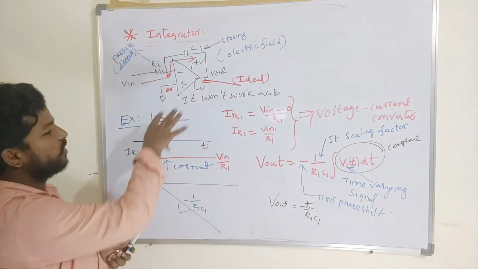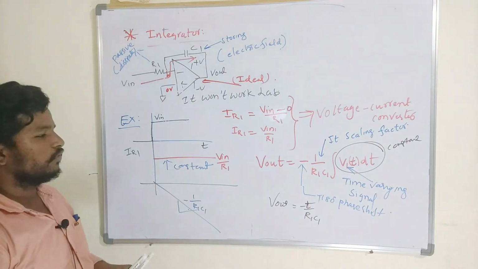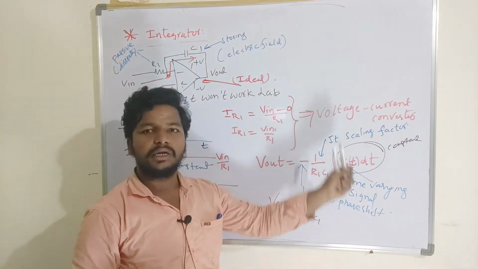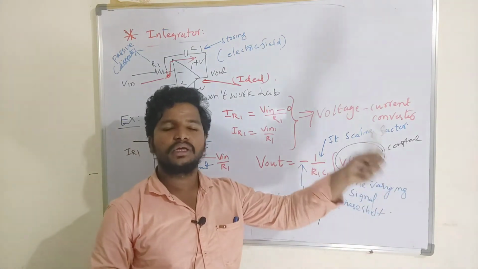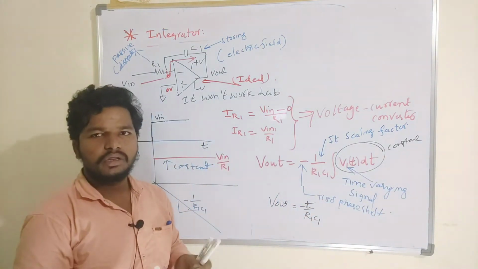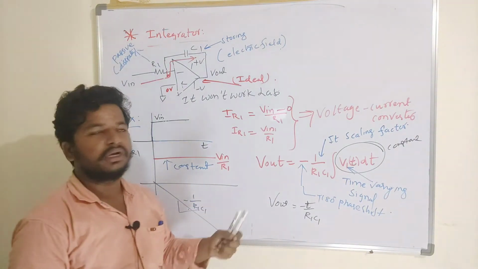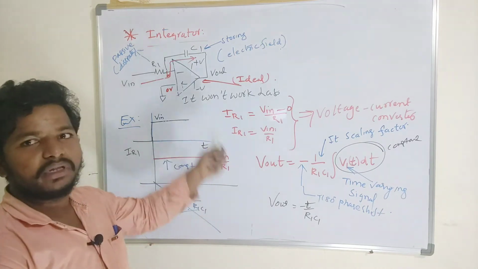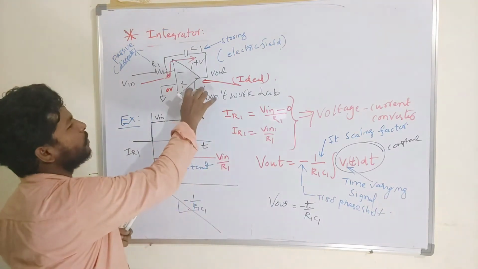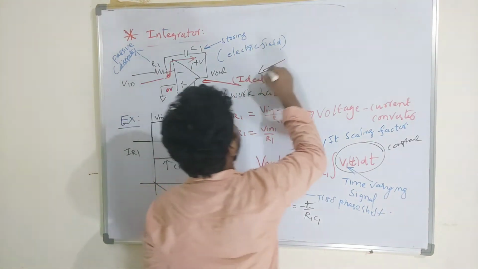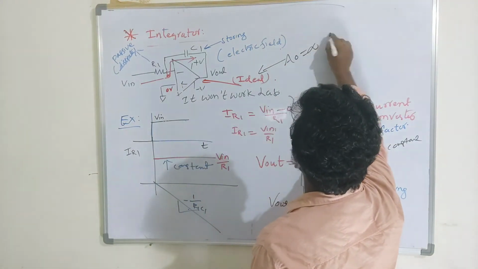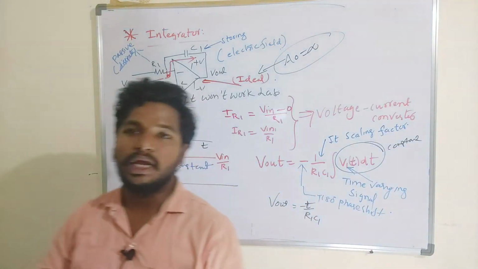This is one application of the operational amplifier with a constant input and zero initial conditions. We will also take another example, because we assumed an ideal operational amplifier with infinite gain.